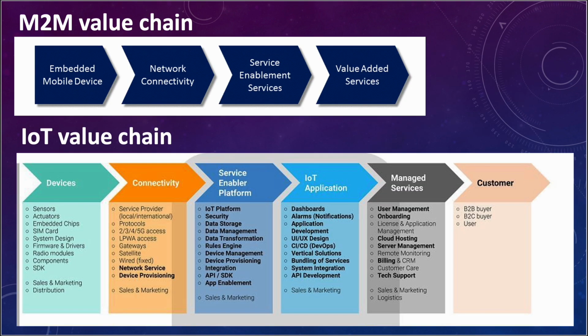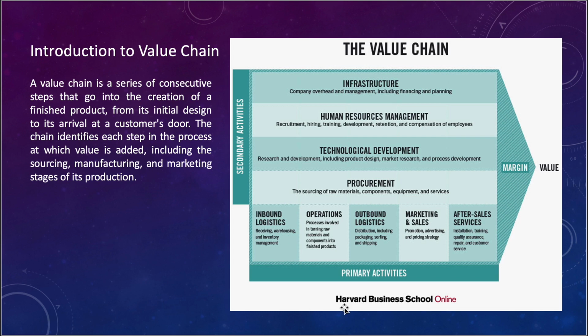So what we have to look at is, this value chain can be applied for any company, whether it's a service providing company or a manufacturing company. So at the end of the day, the service which has been provided or the actual object which is being created or made is the product.